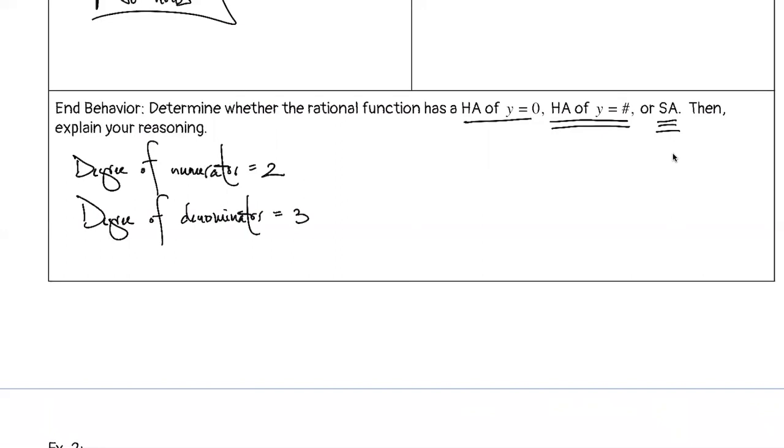So which one's smaller? Is the top smaller than the bottom, or is the bottom smaller than the top, or are they equal? I can tell they're not equal to each other. We could say that the degree of the numerator is smaller than the degree of the denominator.